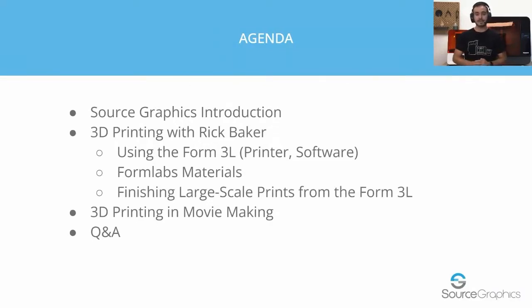Some of you may have worked with us already, and some of you may not have. After that, we're going to jump right into it. I'll bring Rick up, and we will be talking about the 3L and 3D printing. Then we'll touch on 3D printing and movie making, specifically where Rick thinks 3D printing has a good fit in movie making. And at the very end, we will answer some of your questions.